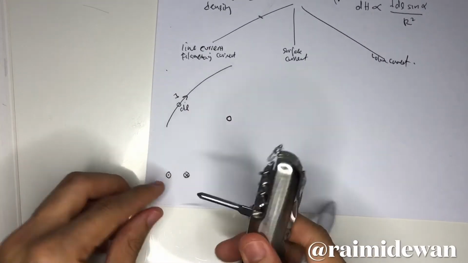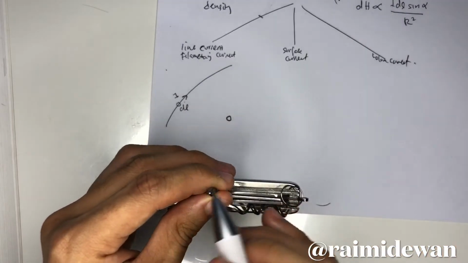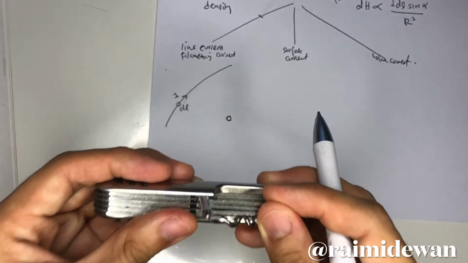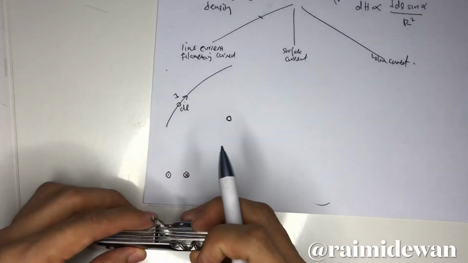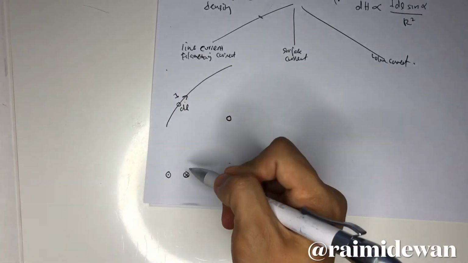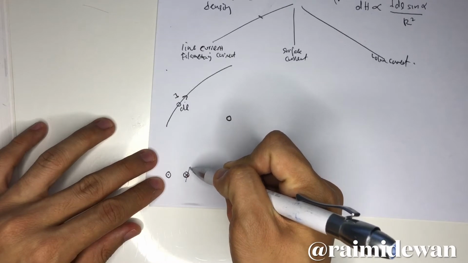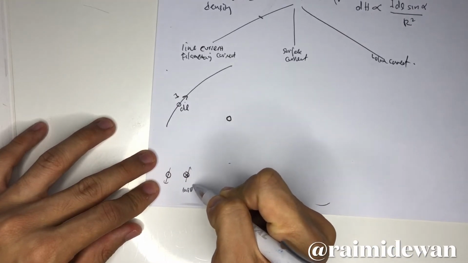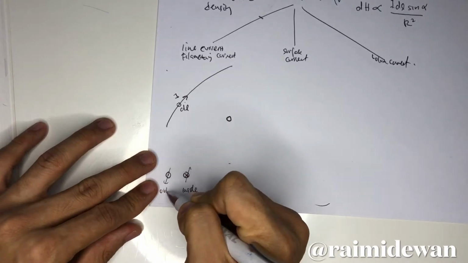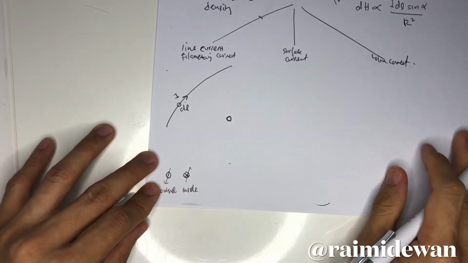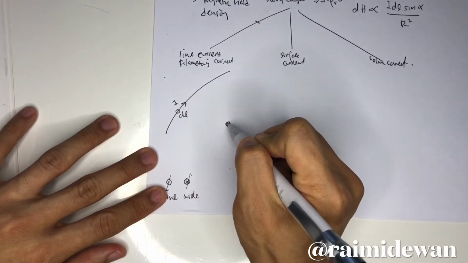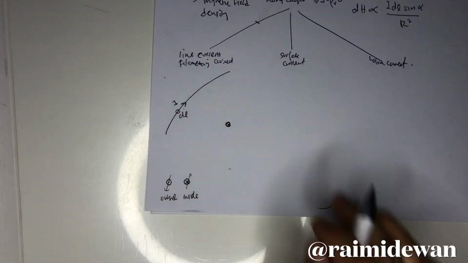The next one, when you see it from this view, is just like a dot, so it's going out. So this one is going inside the paper, this one is going outside the paper. You need to be aware of this with regard to the direction.